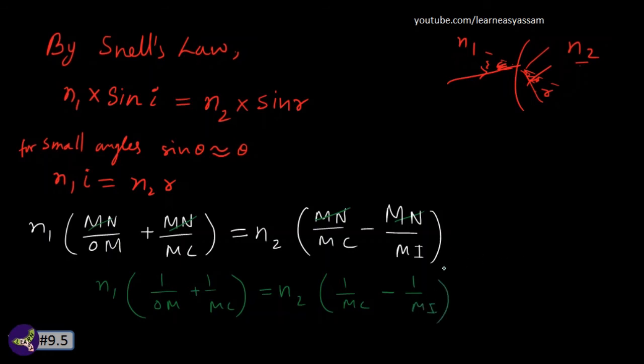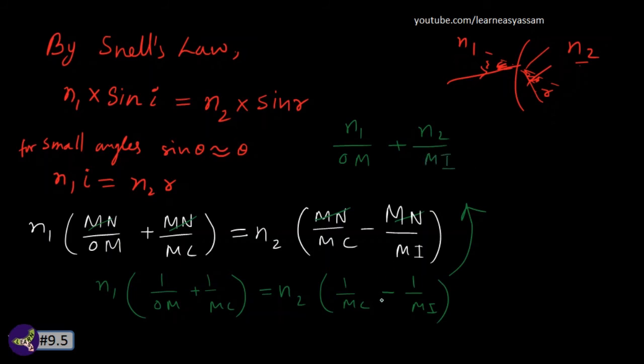So we can write this as N1 by OM plus N2 by MI.